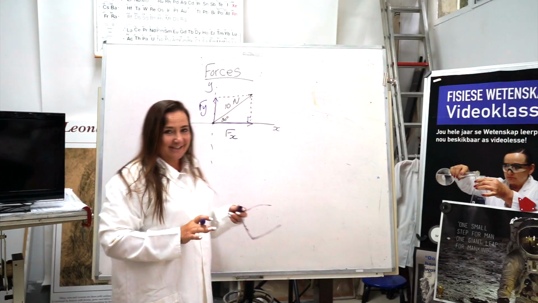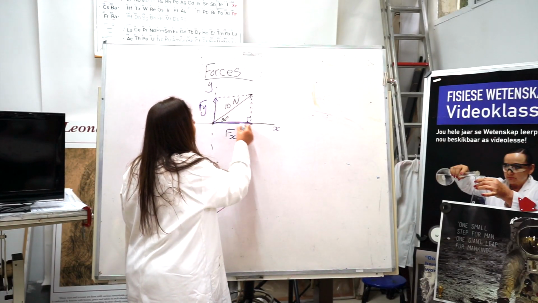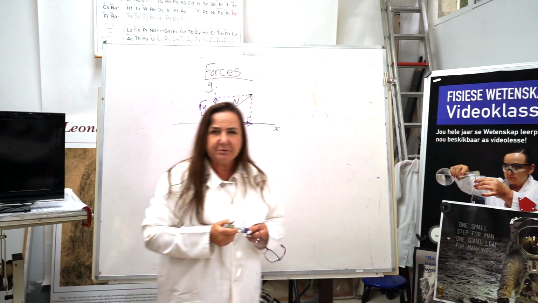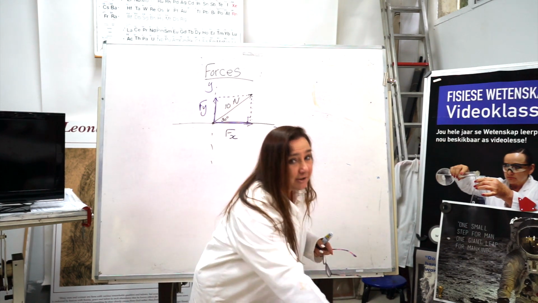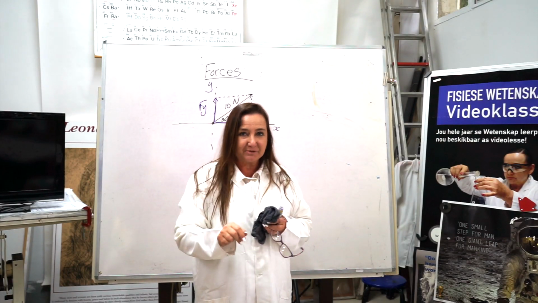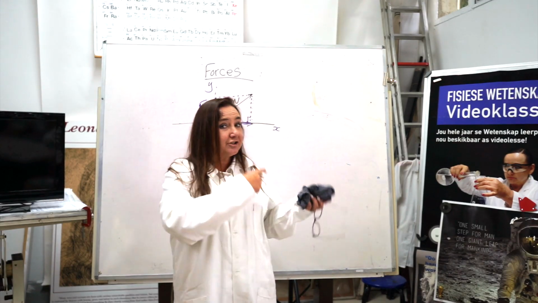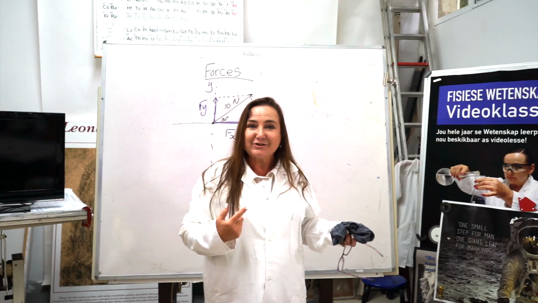Actually, the moment I do that, and that is why I did it in a different color, they're very strict when they mark that. They don't actually want us to draw all three vectors at the same time. Why not? Because that will show these three vectors, and it's not.